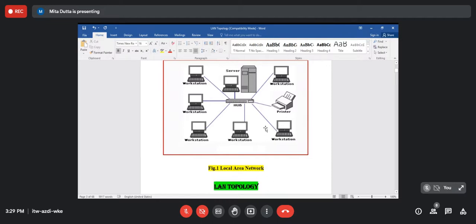So the network interface card will fall in either the physical layer or the data link layer, so we call it a data link layer device or a physical layer device.